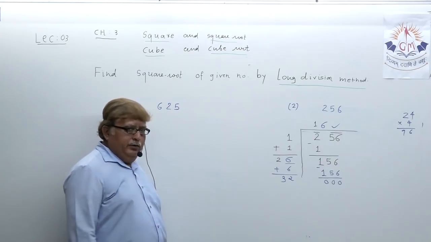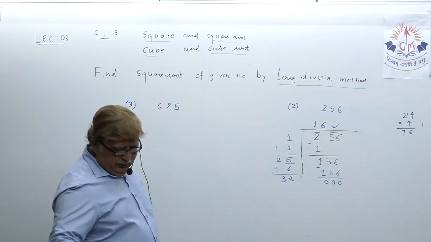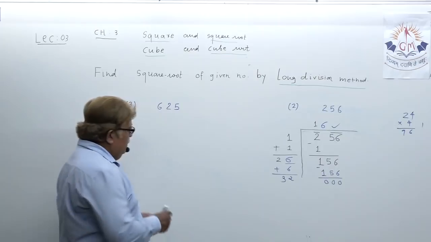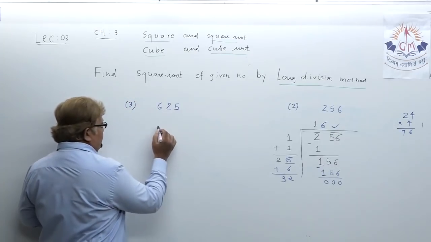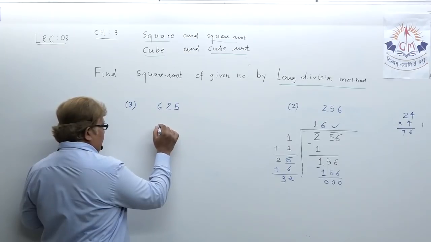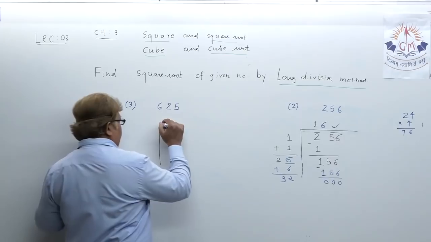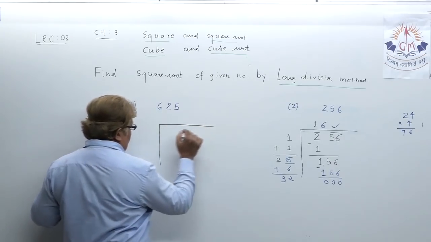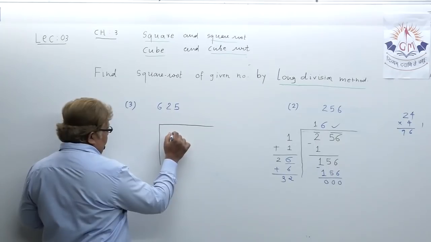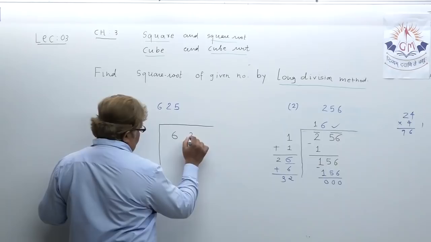This is the number we are targeting. The first step, my dear student, is to write the number in division sign. Okay. And I will intentionally write this way. Why? You know.